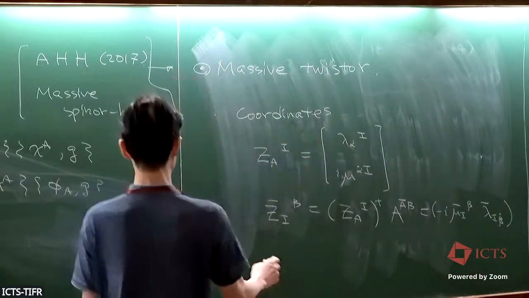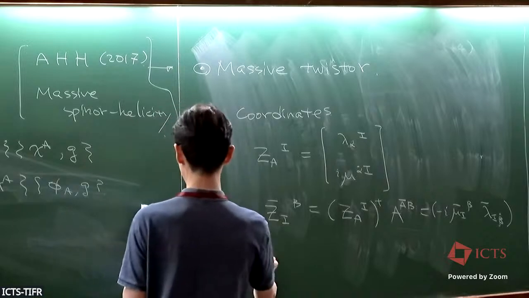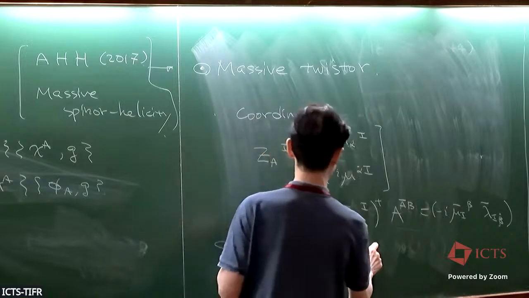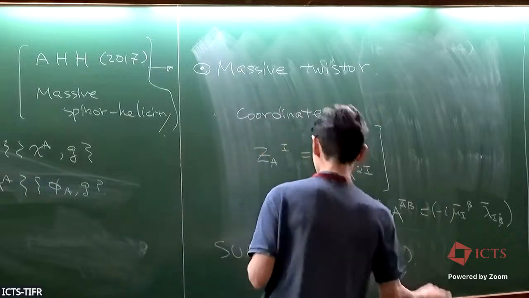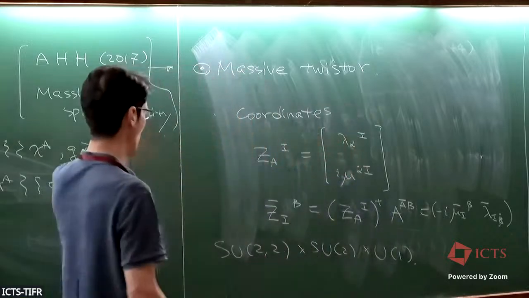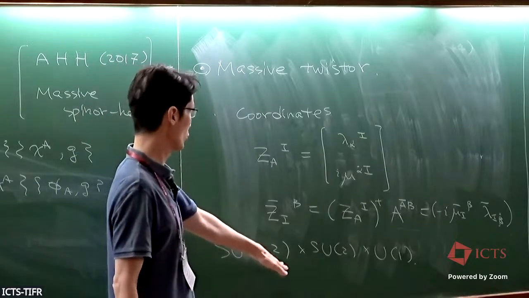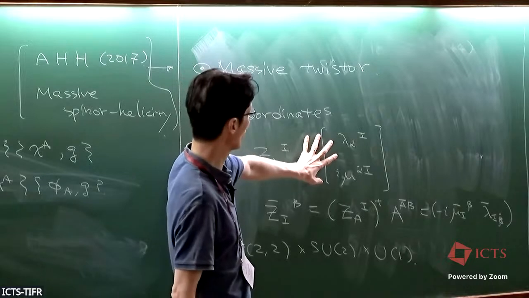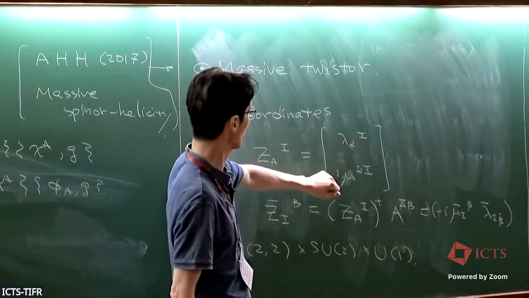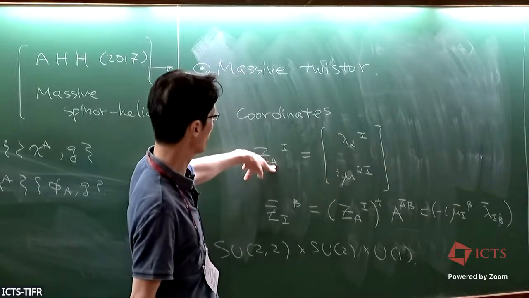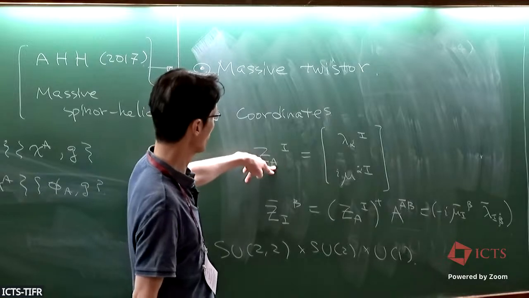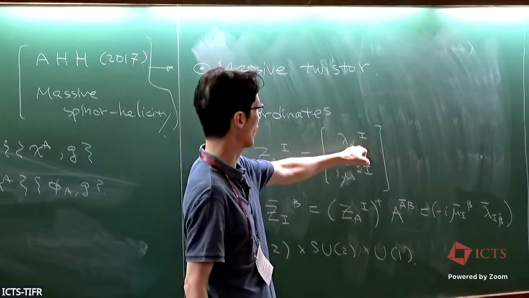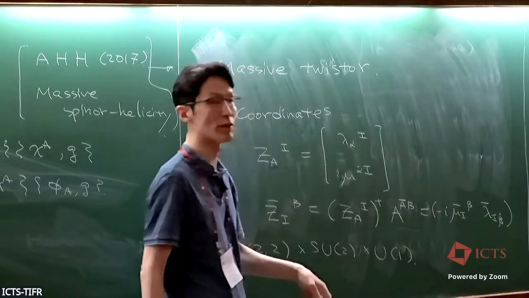So the symmetry group here is SU(2,2) times SU(2) times U(1). This SU(2,2) acts on the left side of this matrix, on this capital AB label, which can be split into this alpha beta and alpha dot beta dot indices.